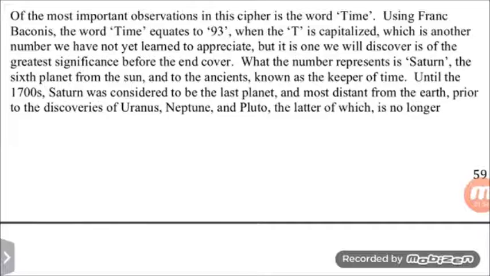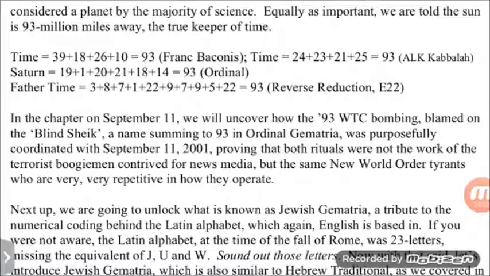What the number represents is Saturn, the 6th planet from the Sun, and to the ancients known as the keeper of time. Until the 1700s, Saturn was considered to be the last planet and most distant from Earth, prior to the discoveries of Uranus, Neptune, and Pluto, the latter of which is no longer considered a planet by the majority of science.